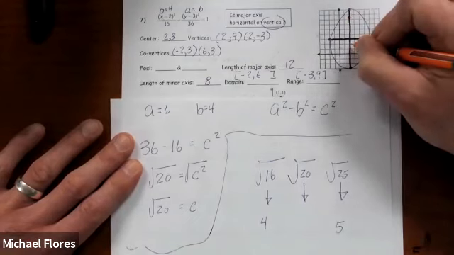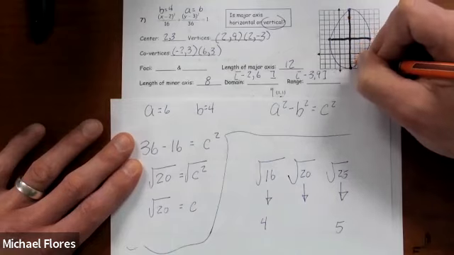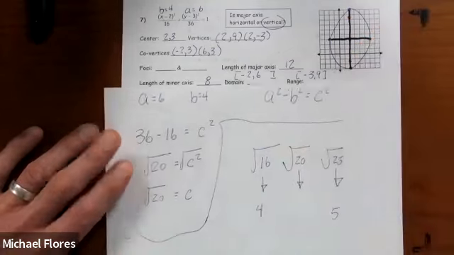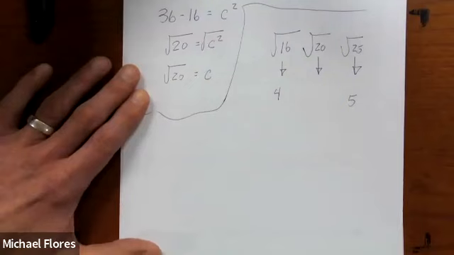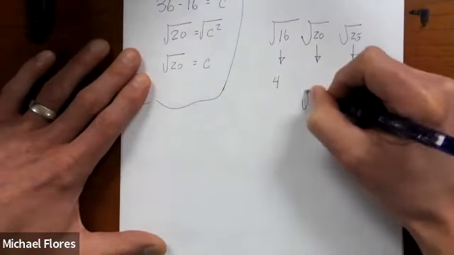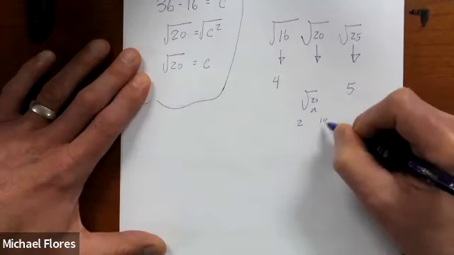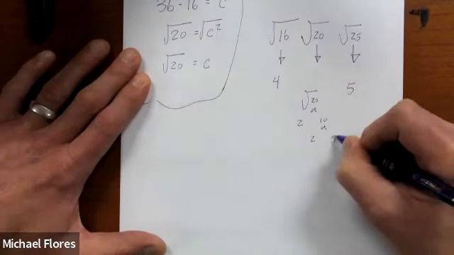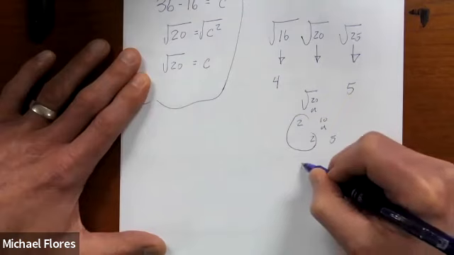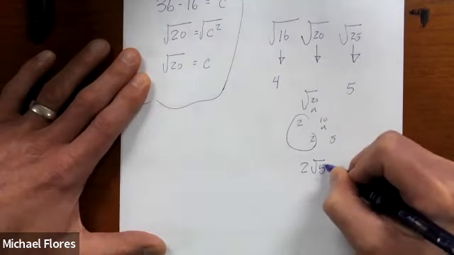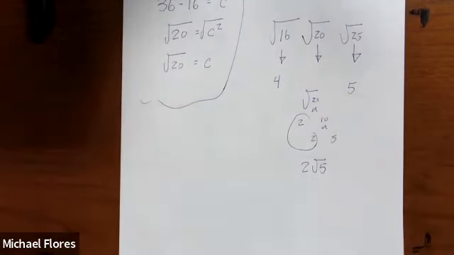And then from the center down 4.5. Now let's reduce the square root of 20. That would be 2 root 5.